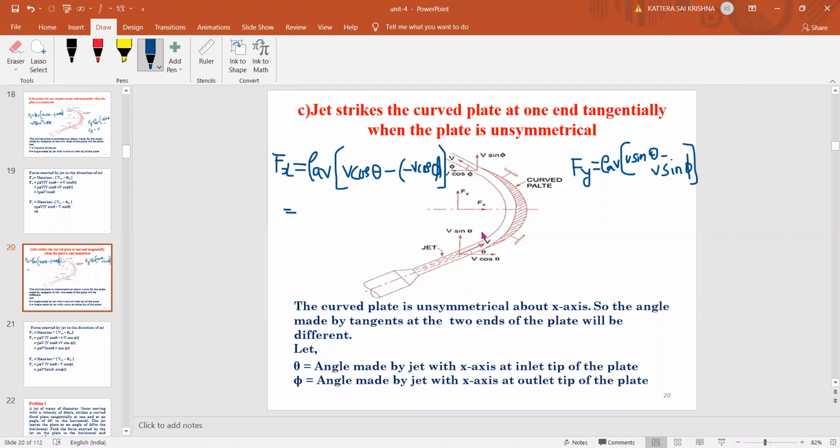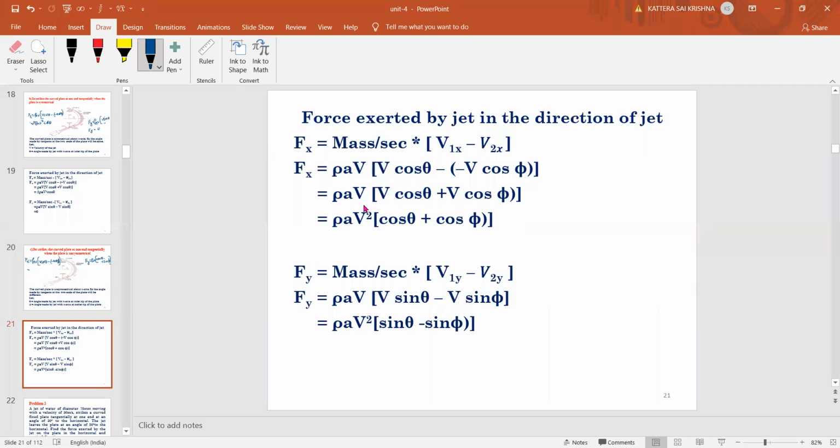No need to remember the formulas, just remember the things which are changed here. If it is unsymmetrical, only the angle coming out from the inlet and outlet will be varied. So you'll get these formulas for finding the force in x direction and y direction. So you can see here, rho a v square cos theta plus cos phi is the force exerted in the direction of jet. In y direction, Fy equal to rho a v square sin theta minus sin phi.